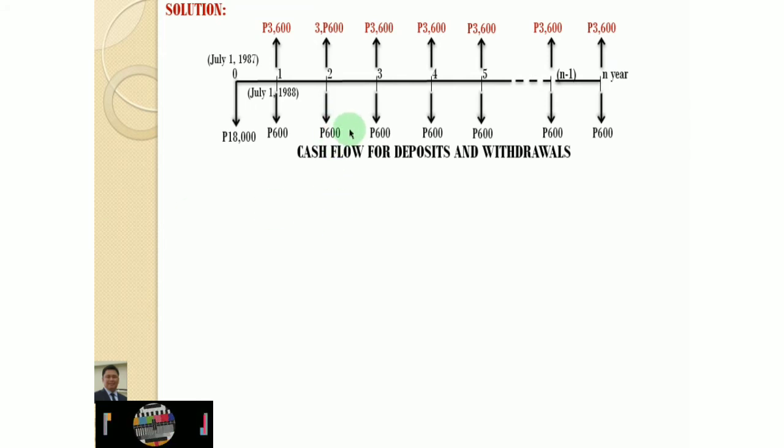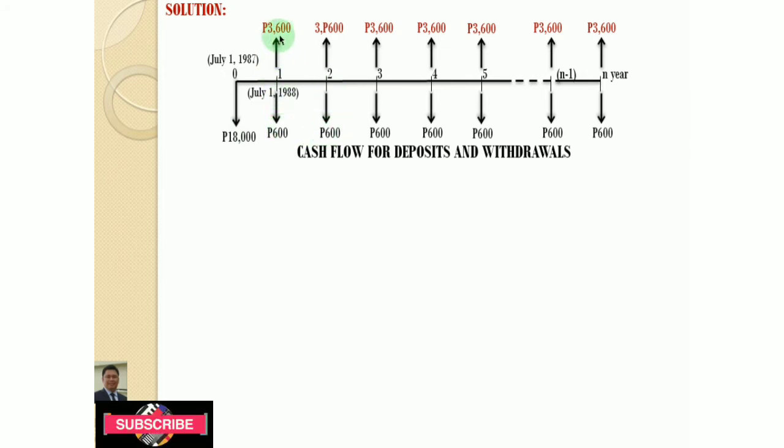And we have now this cash flow for deposits and withdrawals. So this is now our first diagram shown from the previous slide, and this is now the cash flow of our withdrawals actually. Okay, so as you can observe, we can have a net of this value, so 3,600 minus 600.